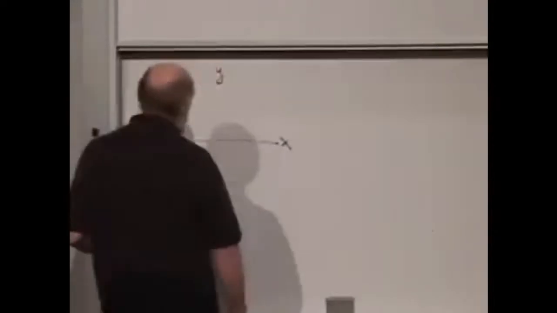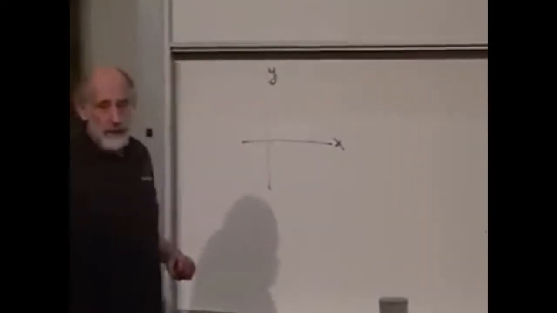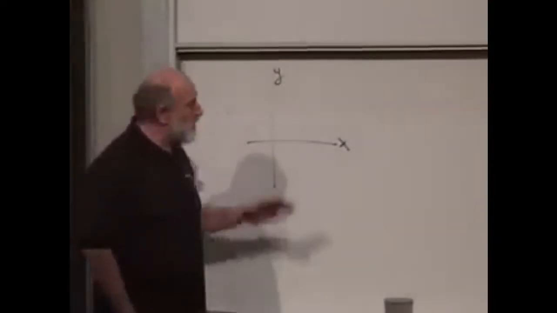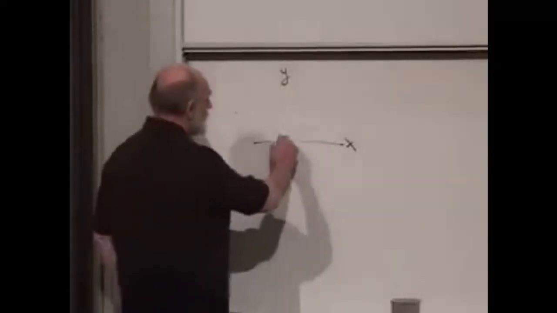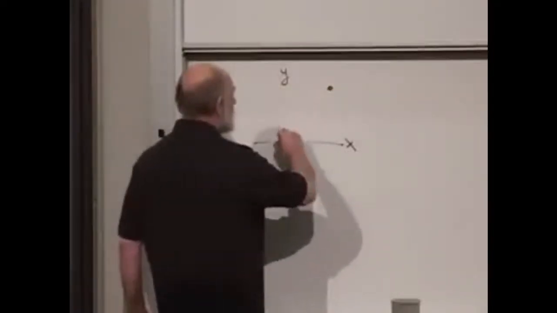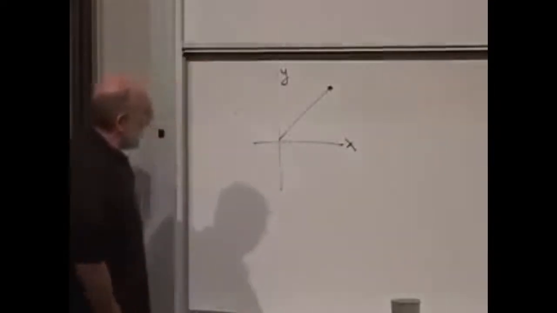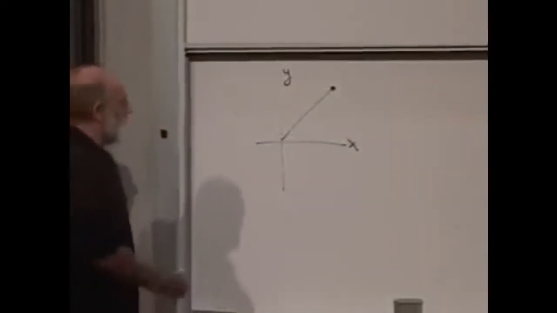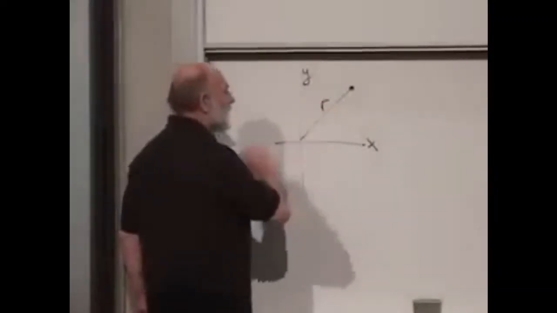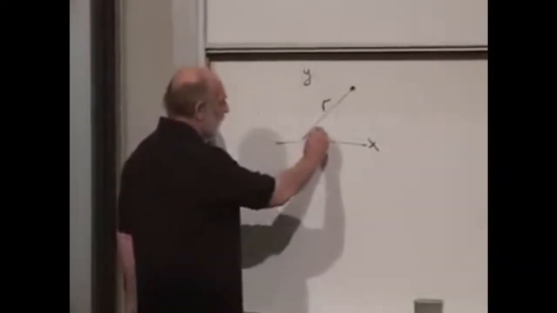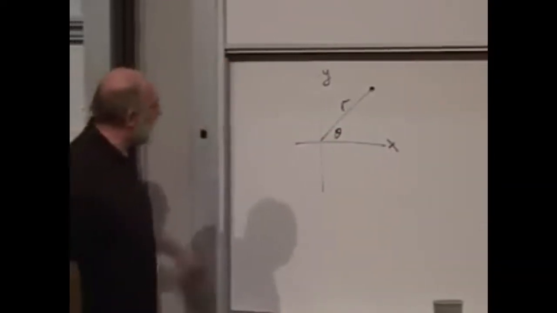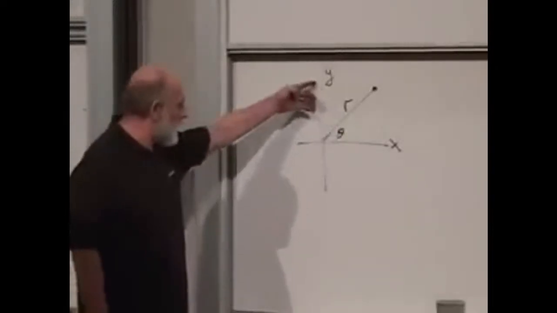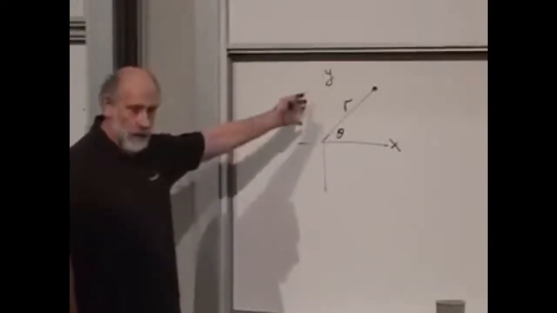So there's x and y, and I'm going to replace them by the polar coordinates, r meaning radial distance, and theta meaning angle. So here's a point, and it's at a distance r from the origin at an angle theta. What we need to know is the relationship between x and r and theta, and y and r and theta.